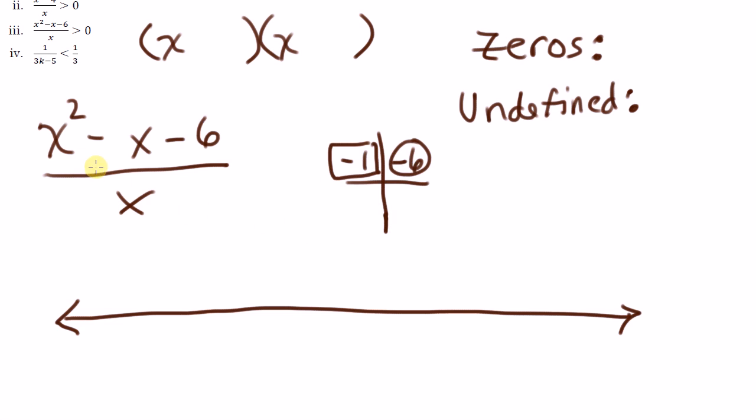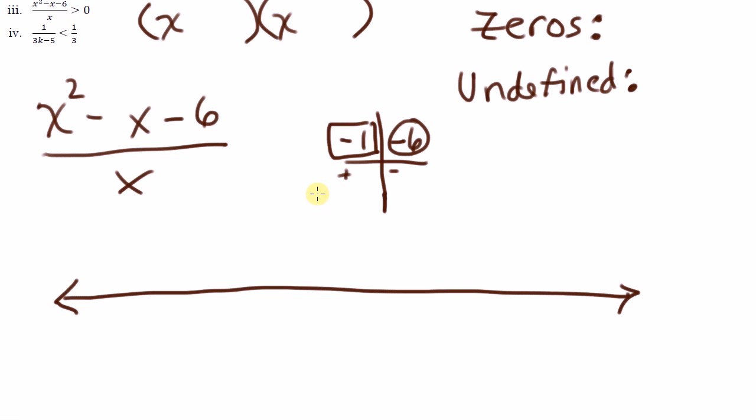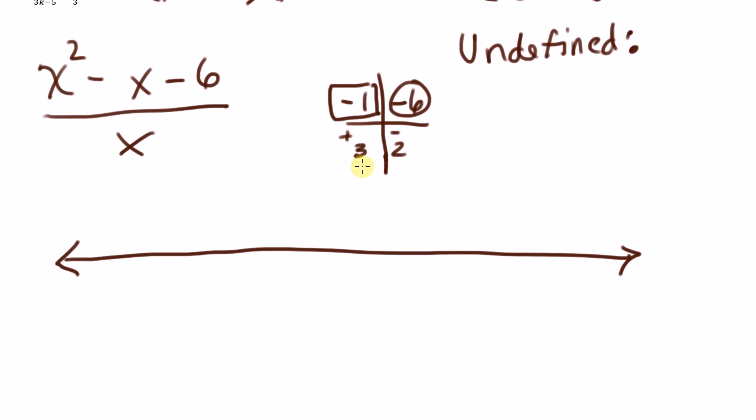So what I know is that one's got to be positive, one's got to be negative, and 3 times 2. So I have a 3 and a 2, or a 2 and a 3. So I know that the negative is there, so the negative has to be bigger. So it's going to be this guy here. -3 plus 2 is -1. And those check out.